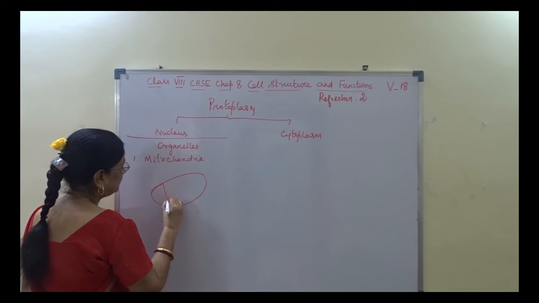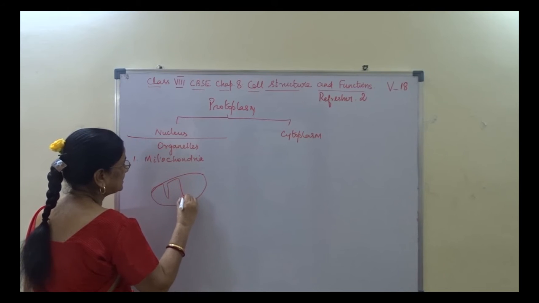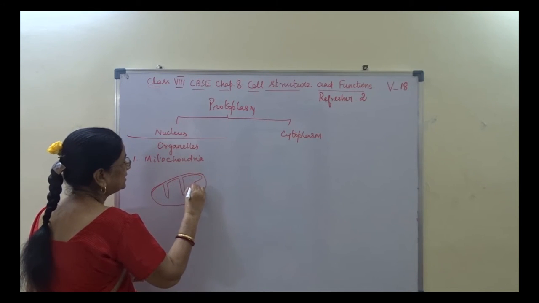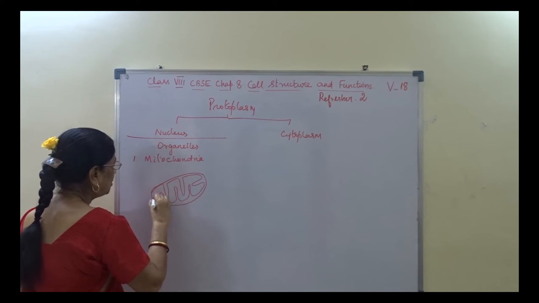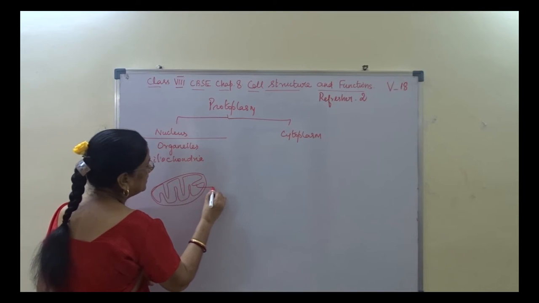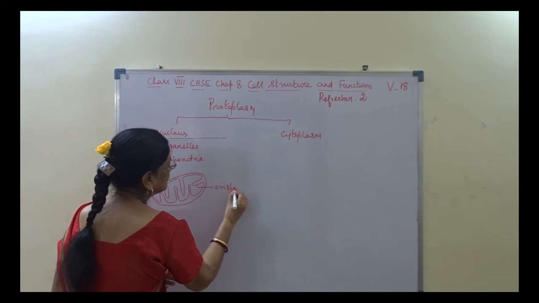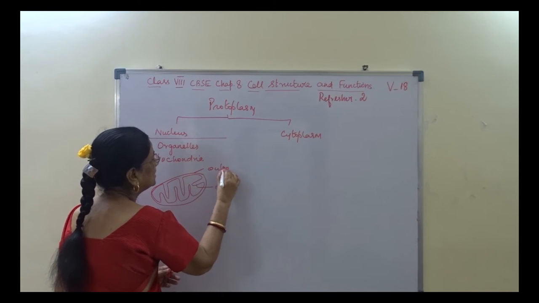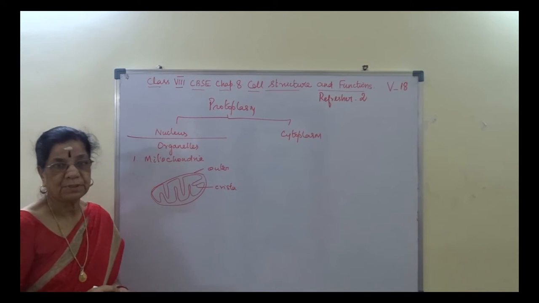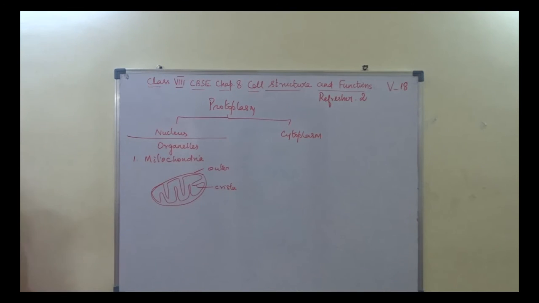The outer membrane is smooth in nature, and the inner membrane is thrown into folds like this, called cristae. Crista is singular, cristae is plural, and this is the outer membrane. I hope you can understand this.